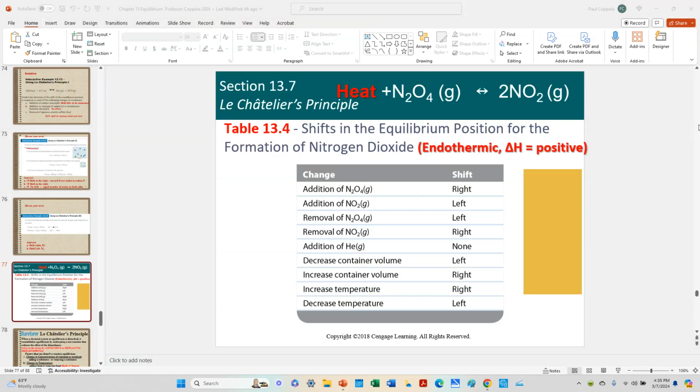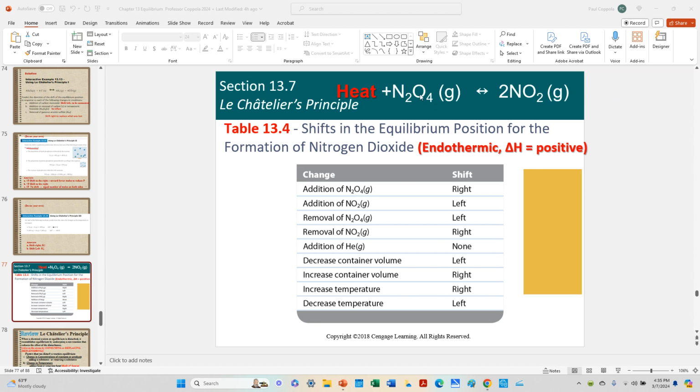Okay, now I move to slide 77. Prior to this slide 77, I give lots of examples of Le Chatelier problems. This slide is very nice because it summarizes things very well, neatly, and you should try to solve it by covering this column up. Notice here, because it's endothermic, we're going to put heat on that side of the equation. If it was exothermic and a negative, then we put heat on the other side.